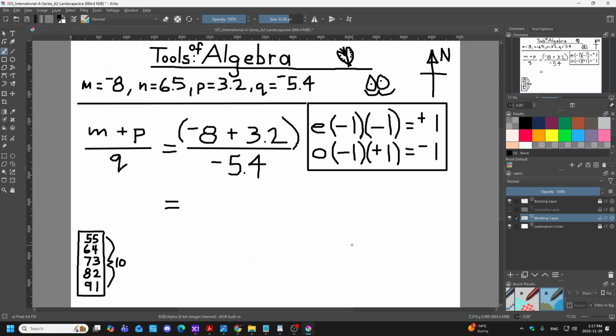Okay, makes sense? I always look at the sign, right? Just ignoring the signs for now, we know 8 is a bigger value than 3 is, right, if we were to round it. So whatever the bigger number is, that's going to be our sign for our numerator.